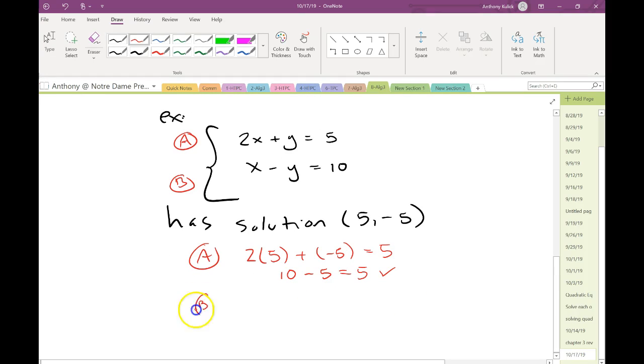And then also 5 minus a negative 5 equals 10. The same thing is true for equation B.